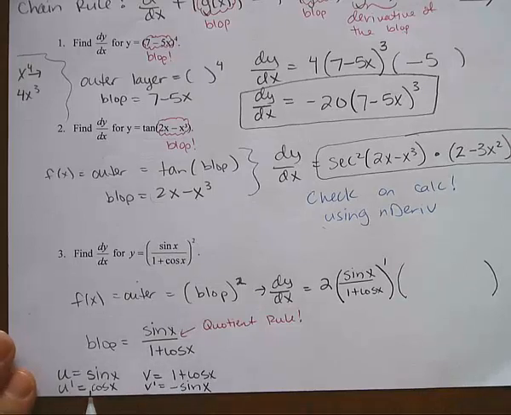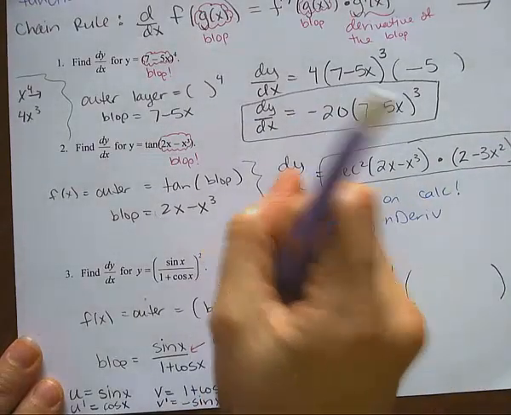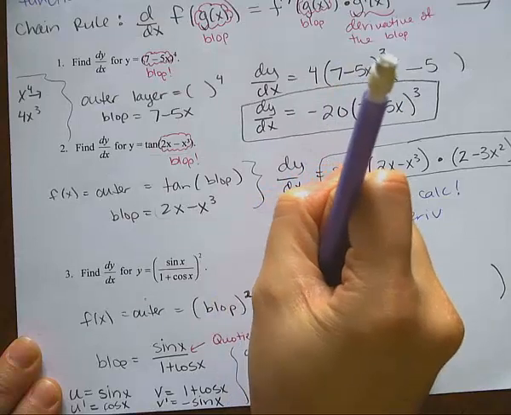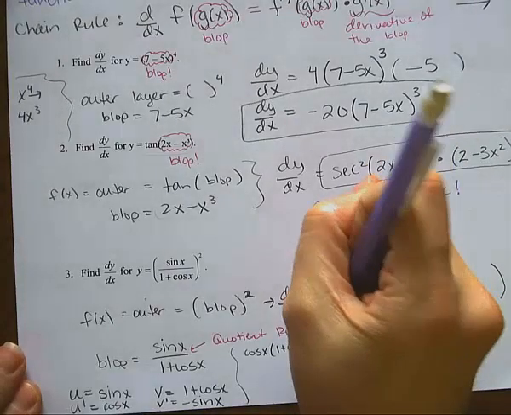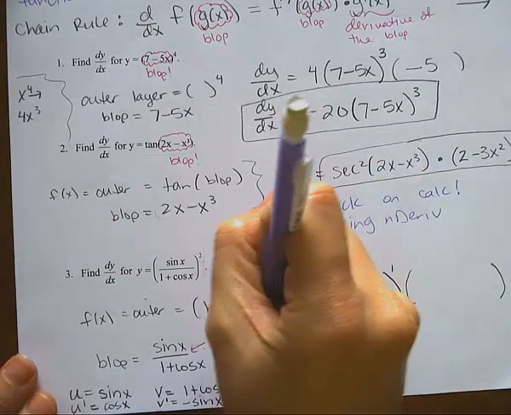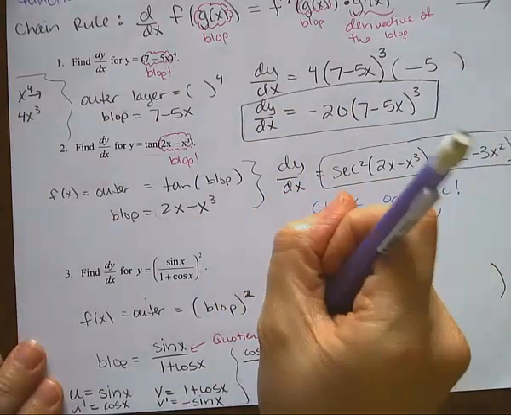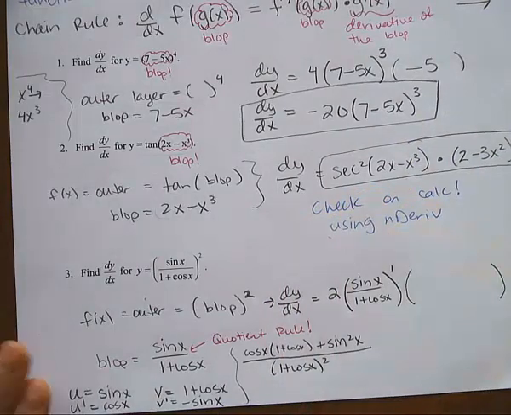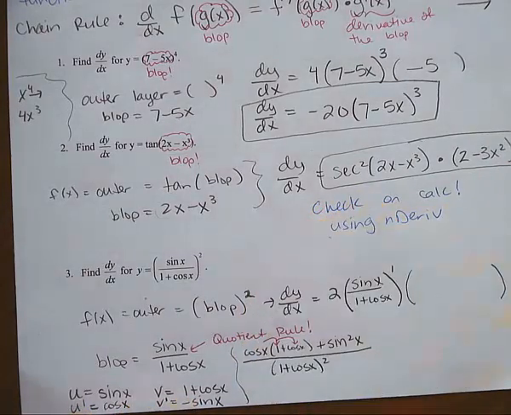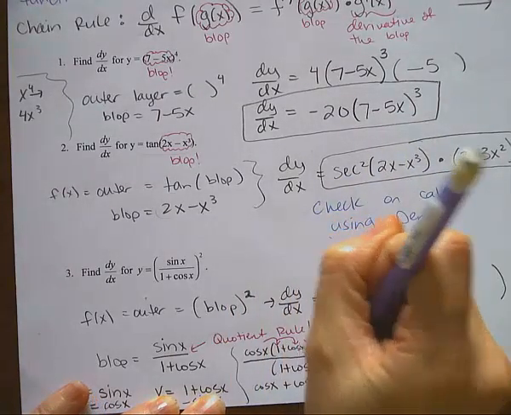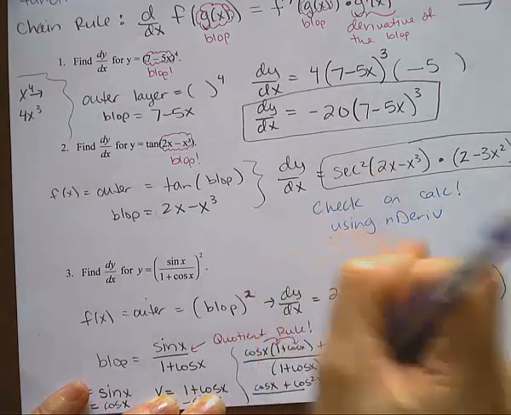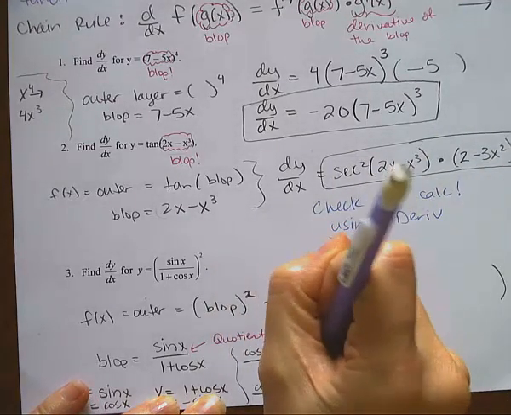So u prime v would be cosine x times 1 plus cosine x. And then minus v prime u would be minus negative sine squared x, which becomes positive sine squared x, all over v squared, which would be 1 plus cosine x quantity squared. Well, as usual, I'm going to have to do some simplifying, as we usually end up having to do with trig derivatives. So then I distribute the cosine, and I've got cosine x plus cosine squared x plus sine squared x all over 1 plus cosine x quantity squared.